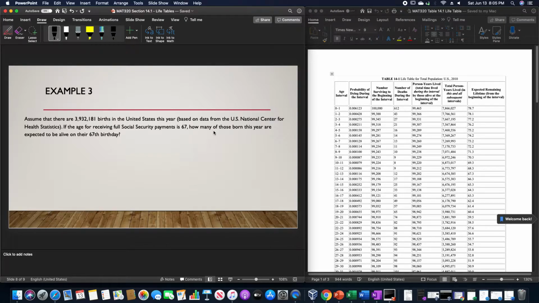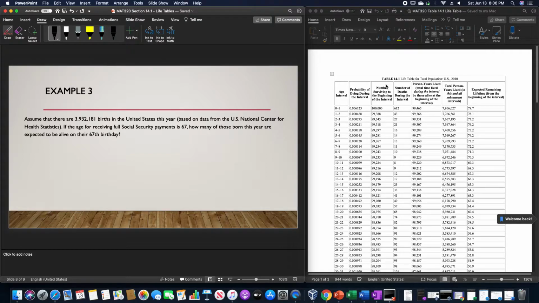Let us assume that there are 3,932,181 births in the United States this year, based on data from the U.S. National Center for Health Statistics. If the age for receiving full Social Security payments is 67, how many of those born this year are expected to be alive on their 67th birthday?